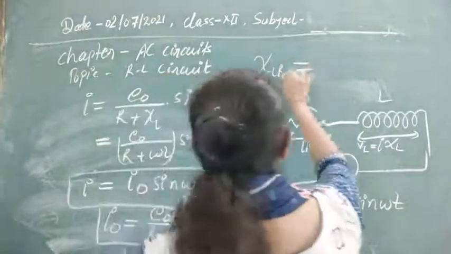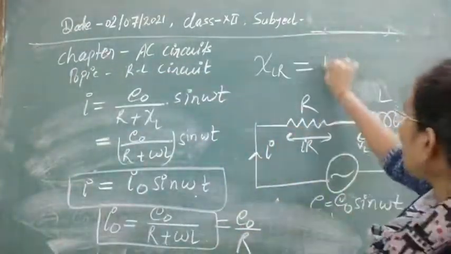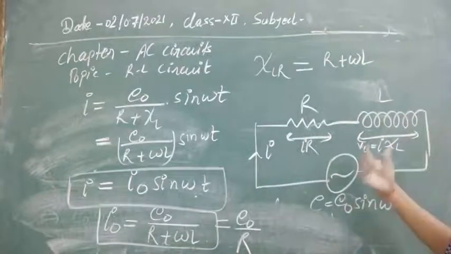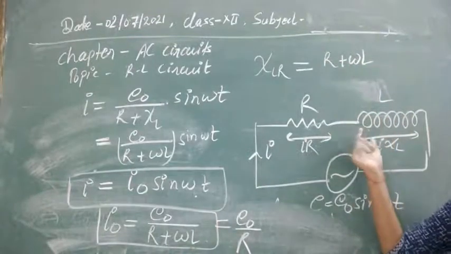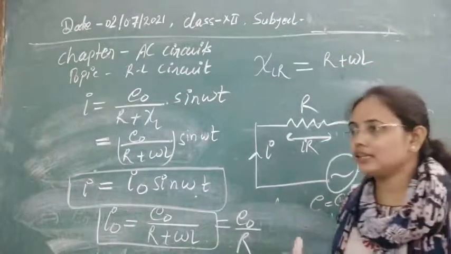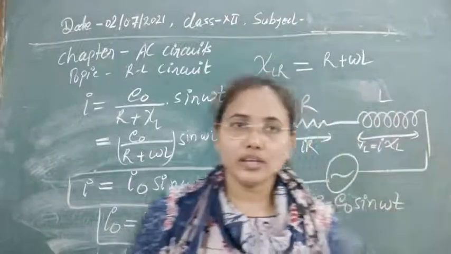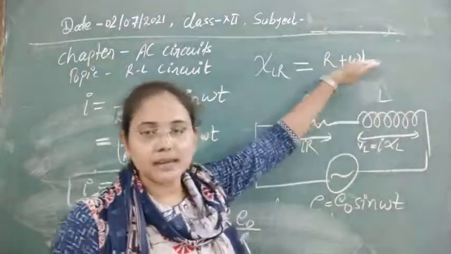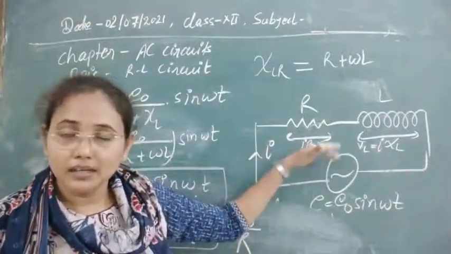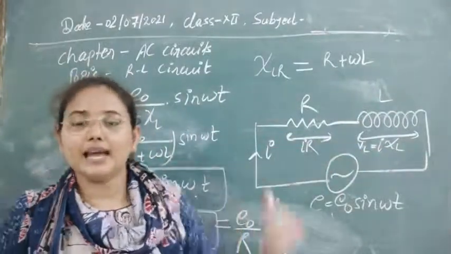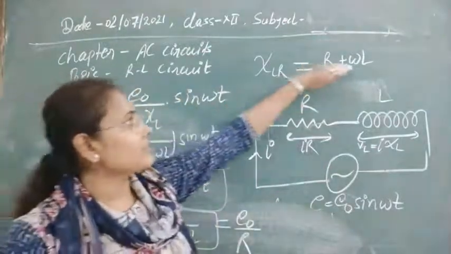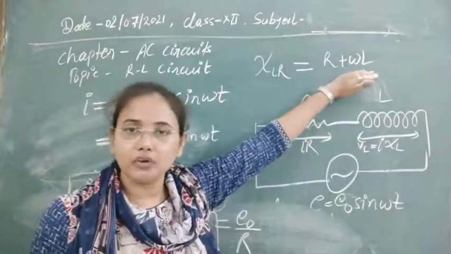This is given by R plus omega L. Whenever we are connecting two components in series, as we know already, their resistances are combined in series, they are simply joined. So here also we are seeing the same concept. The reactance of the inductor and the resistance of the resistor are both combined, and finally they are offering the large resistance to our AC circuit here. So this large resistance you can calculate by this formula here.